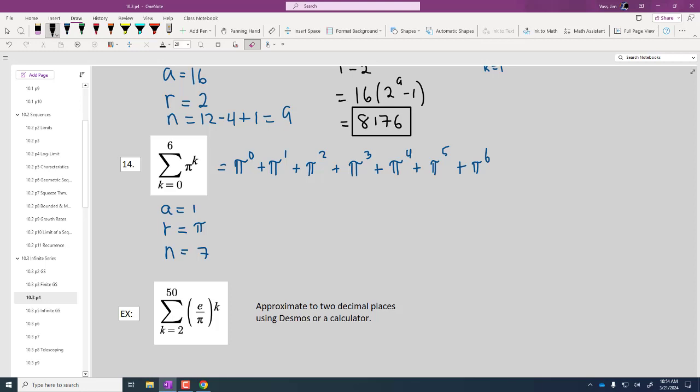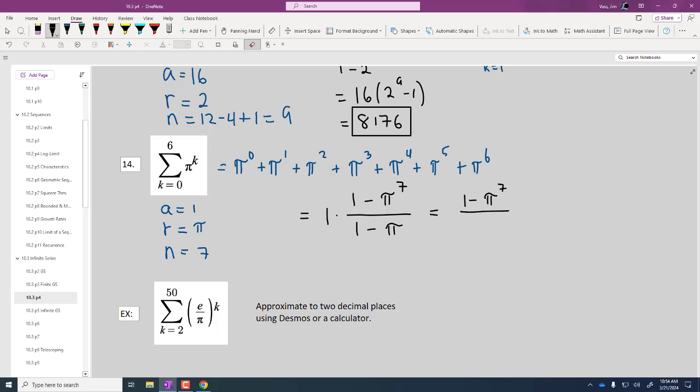And then this will be A, which is 1, multiplied by the fraction 1 minus r to the n, which is 7, over 1 minus r. And that's what we get. So there's our sum.